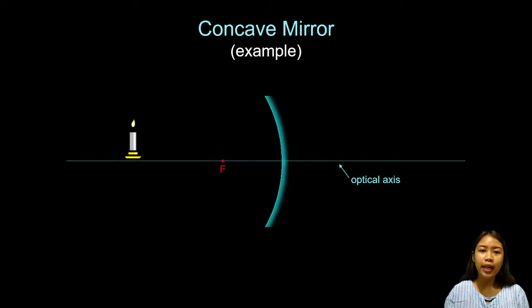So, please take a look here on our example, on our illustration here on the screen. Now, kung lantawon nyo diri, we have here the focus or the focal point, which is nearer ni siya sa mirror. Mas near siya sa mirror compared to the object. Intindihan? Mas lapit ni siya si focal point sa mirror kumpara kay object.